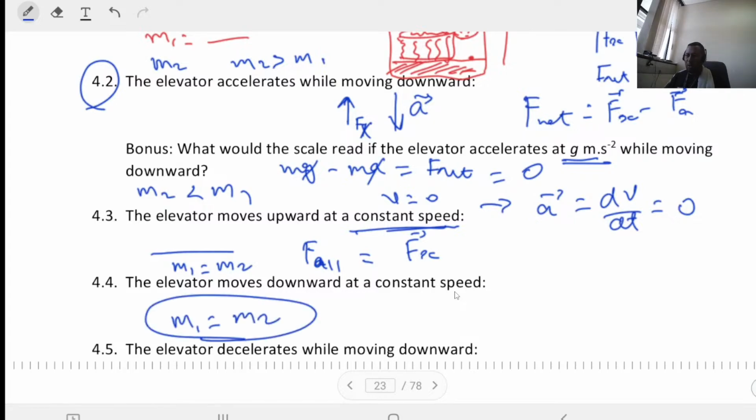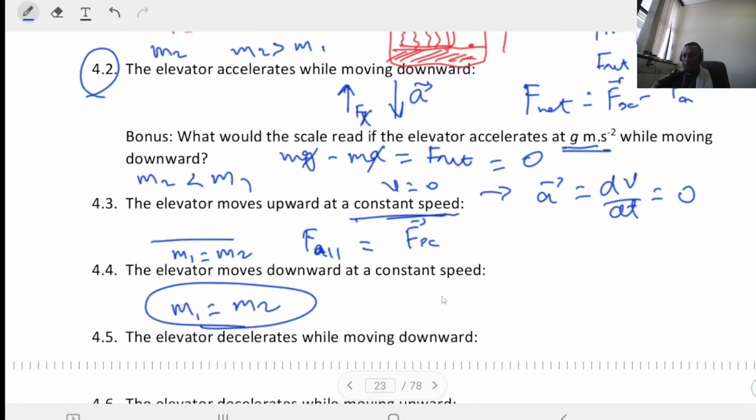Remember, m1 is the mass of you when you measure yourself on the scale, and m2 is when you measure yourself in the elevator, whether it is accelerating, decelerating, or moving with constant speed up and down.